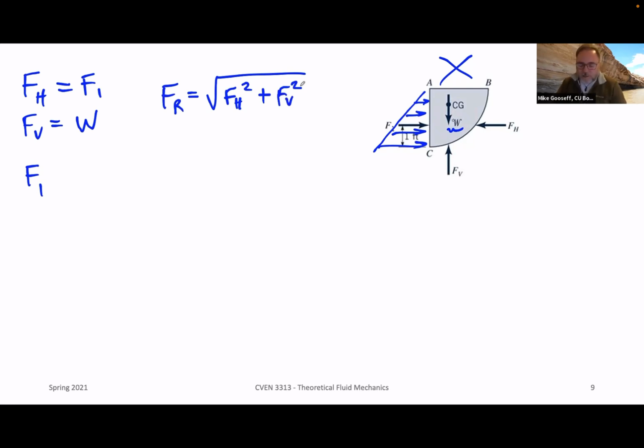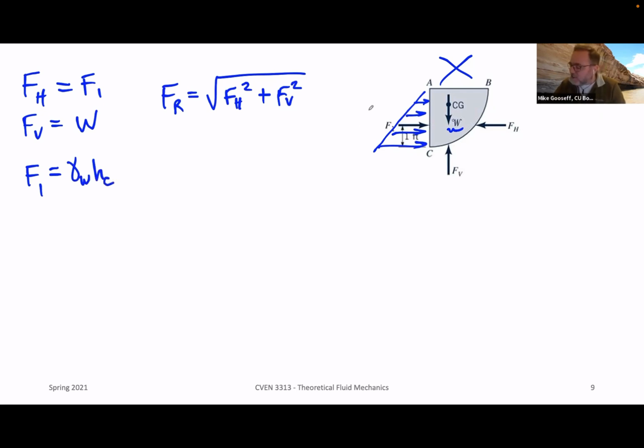All right, so let's figure out what FH and FV equal, and we're going to do that by figuring out the weight of the water in this 1 foot length to give us FV, same magnitude, and F1 will be equal to FH. F1 is simply equal to gamma, in this case of water, times some depth to the centroid.